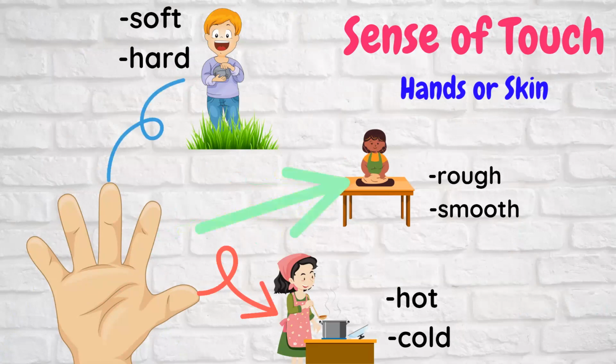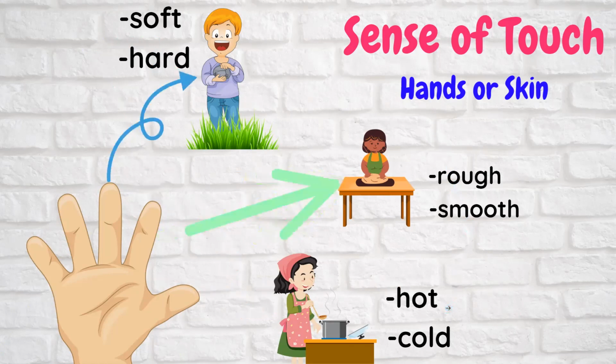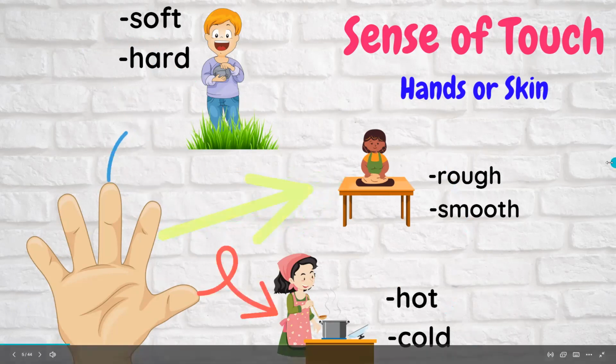They are responsible for feeling and touching soft and hard objects, rough and smooth objects, or the hot and cold objects.